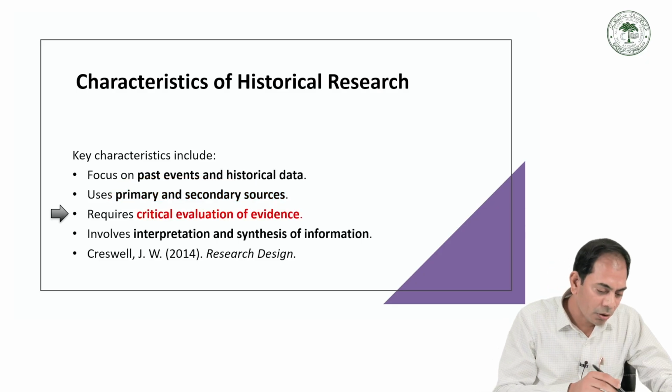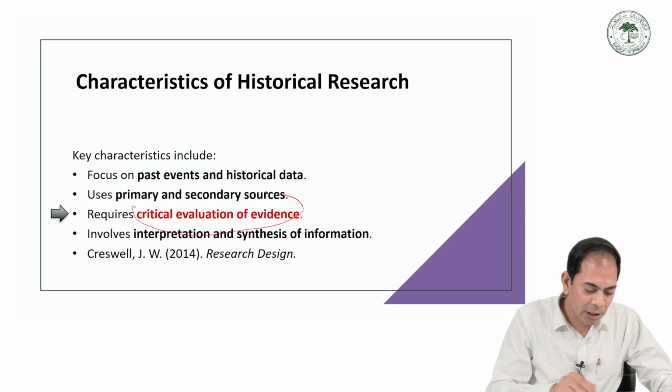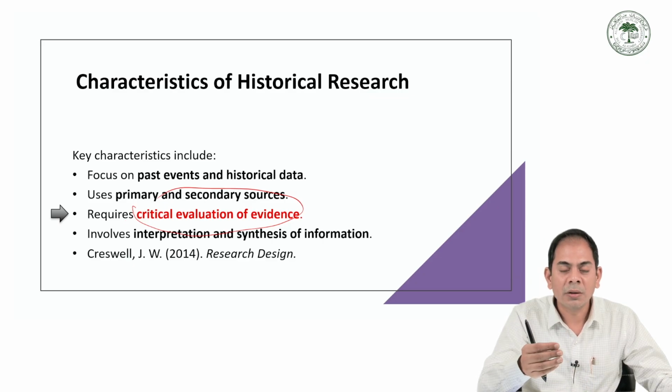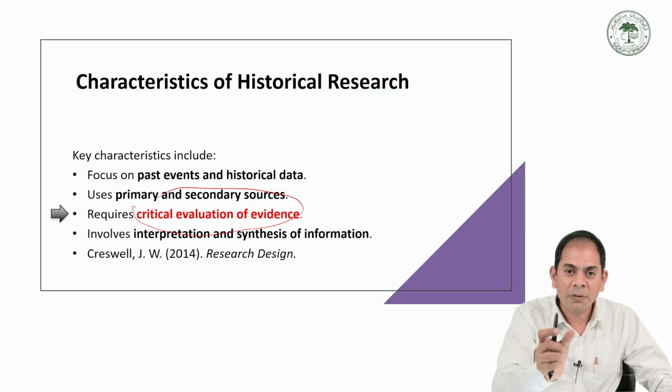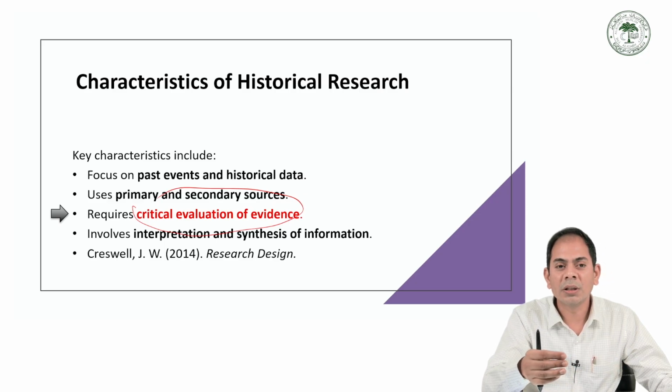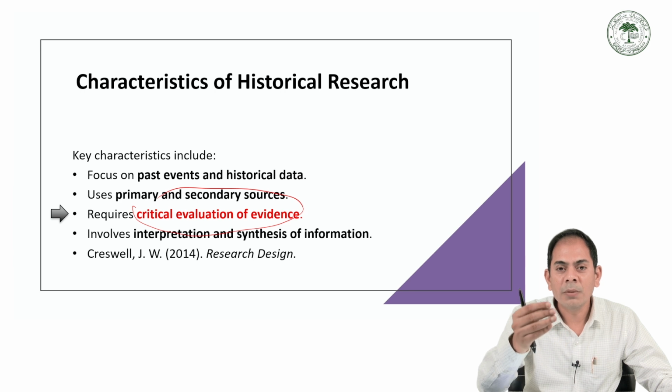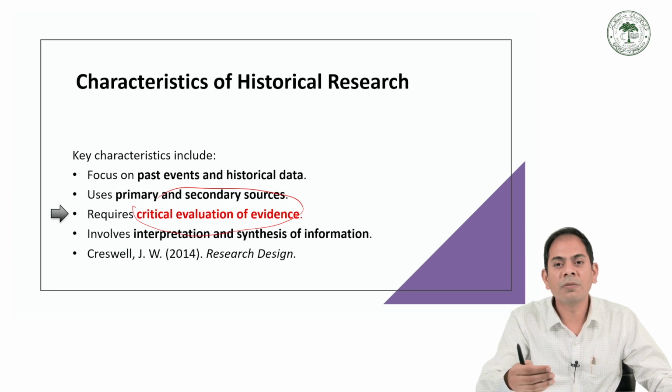The next characteristic of historical research is critical evaluation of evidence. You should critically evaluate the evidence of the past that you select for historical research. The researcher must carefully examine whether the historical information is accurate, reliable and authentic.